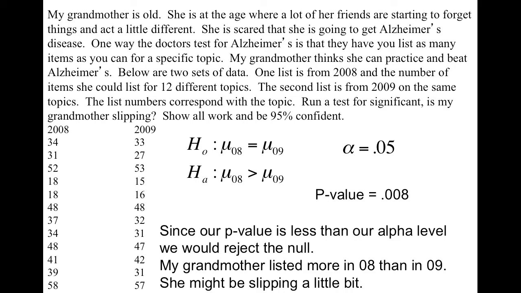Rejecting means that we are going to side with the alternative. So our alternative says mu08 is greater than mu09. So that means that she is listing fewer items than she did before, so she might be starting to forget some things. Sad, but there's the example of running the test for the matched pair test.